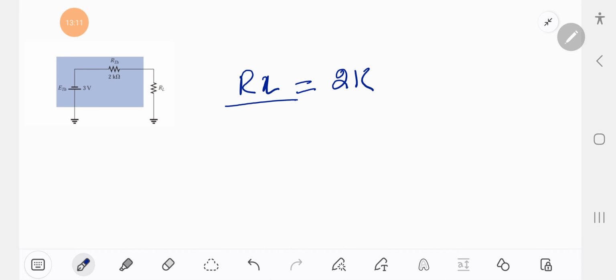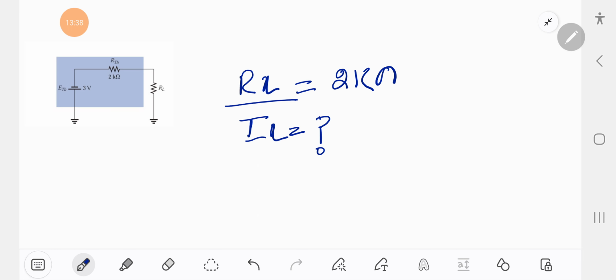What amount of current will flow across this resistance? So what is the IL current? For the IL current we can simply apply Ohm's law.